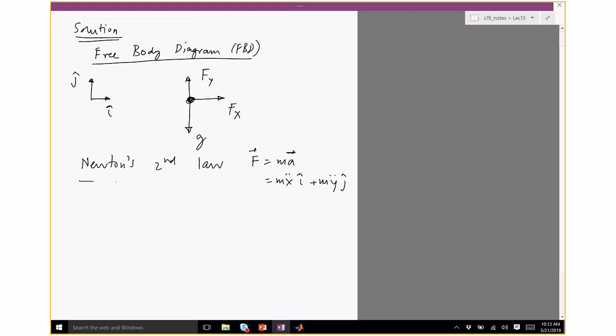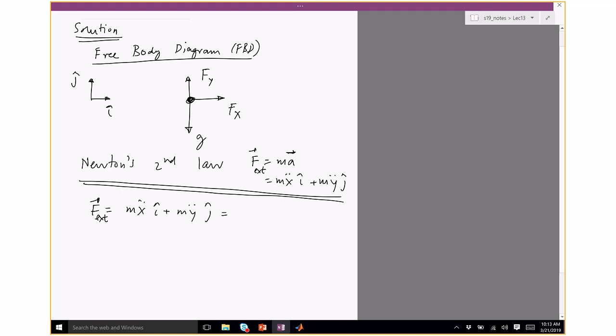So let's invoke that. The net force is m x double dot i plus m y double dot j. So that should be equal to all the external forces acting on the body. F is the external forces.